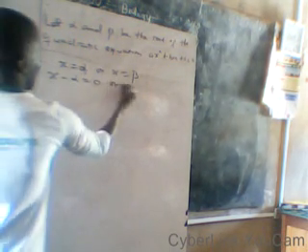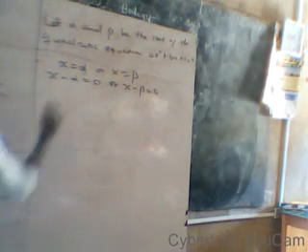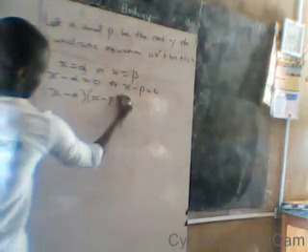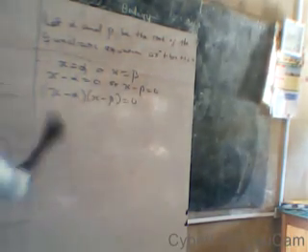So when we say x is equal to alpha, it means that x minus alpha is equal to 0. You should know that. Or we have x minus beta equals 0. So from here, we have (x minus alpha)(x minus beta) equals 0. When you expand this bracket, what do you have?